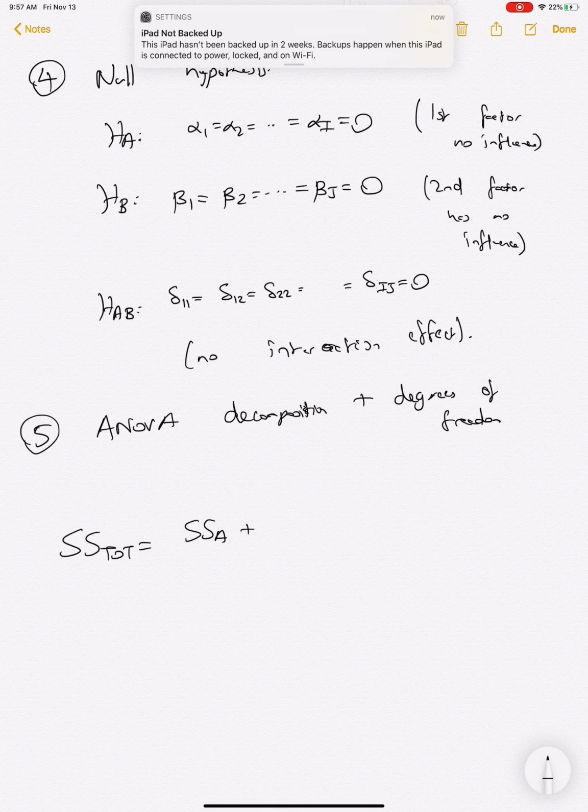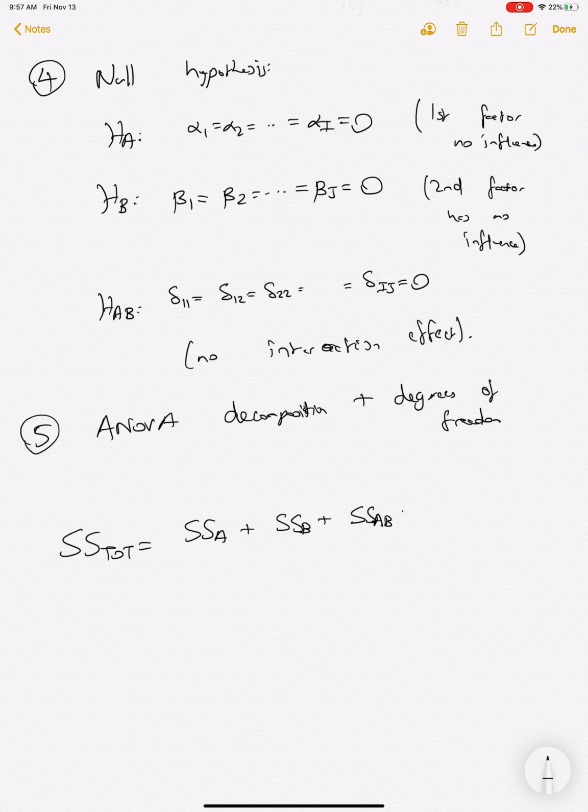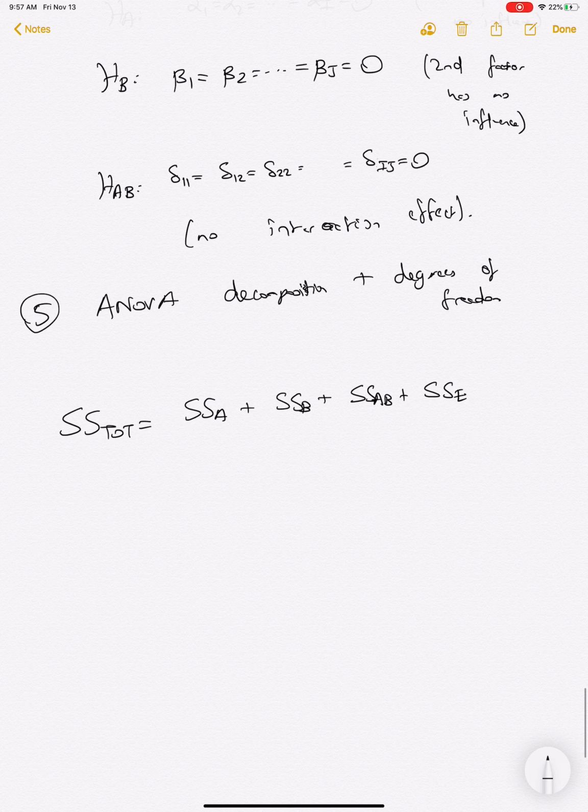So we have SSA plus SSB plus SSAB plus SSE. And the SSAB comes from the fact that we have this interaction effect. So let's see, how do we define things? Once again, SS tot is going to be like what we had before.